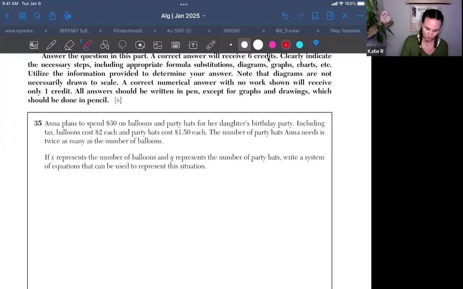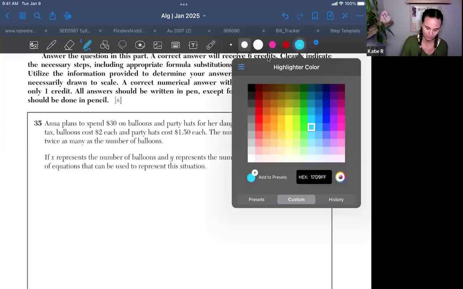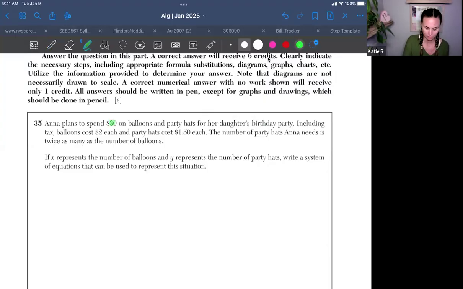I always like to make my equations in a little unorthodox way, I guess you would say. It depends on how the word problem is presented, but they give you the total first. So I put the total there, and I'm going to make the rest of my equation on the other side of this equal sign.